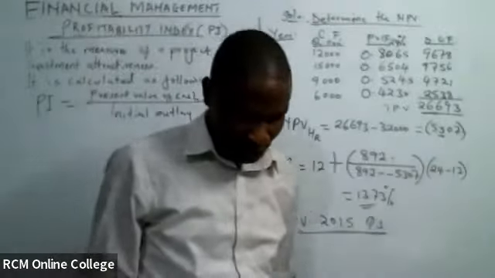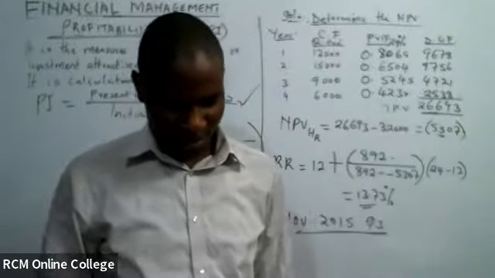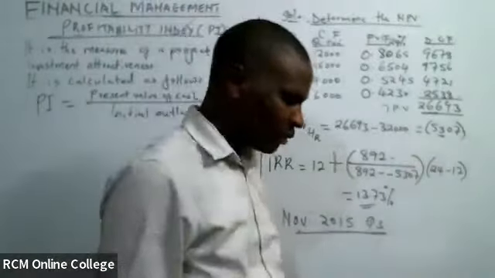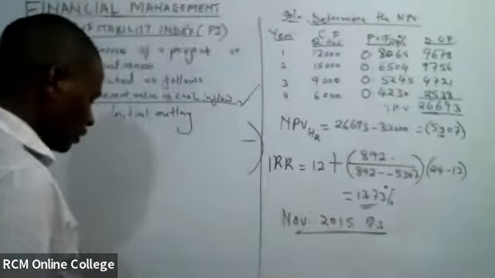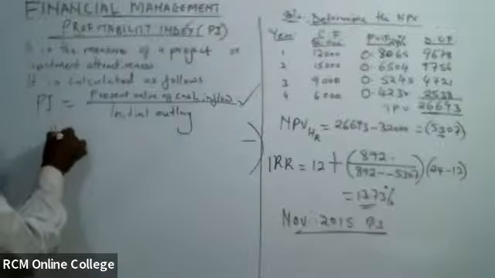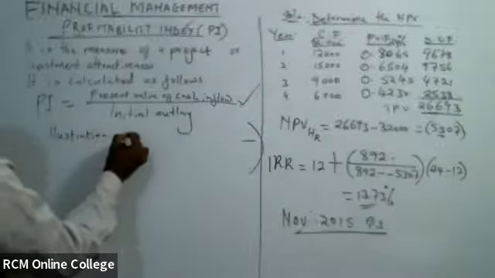Fortunately, we are going to use the same question, the question in November 2015, question number 3. Somebody share the illustration. That question wanted us to use IRR and PI.